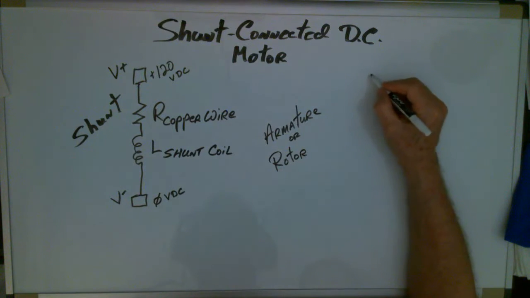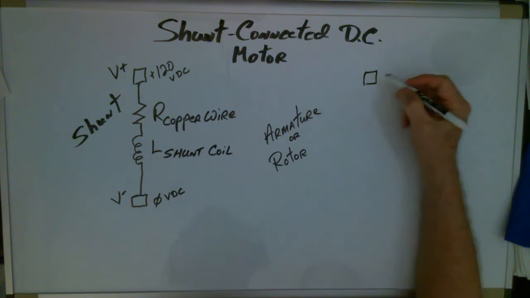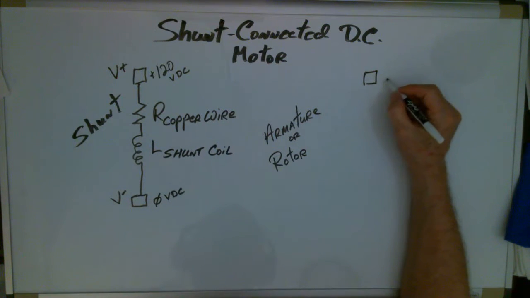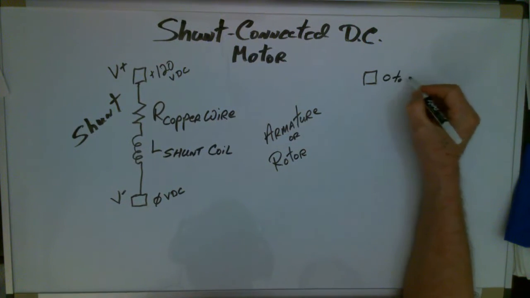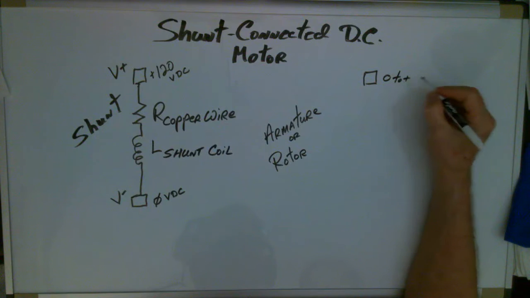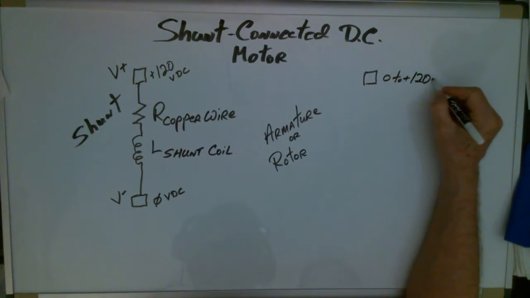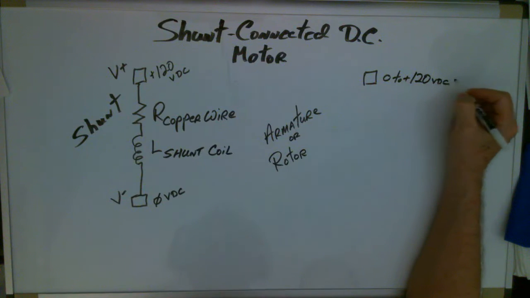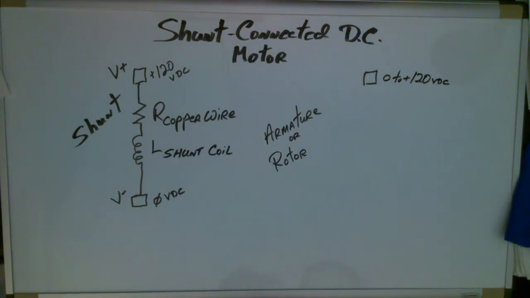At the top we'll have a connection block. This is going to be a variable voltage. This will be 0 to plus 120 volts DC. That's variable, right?